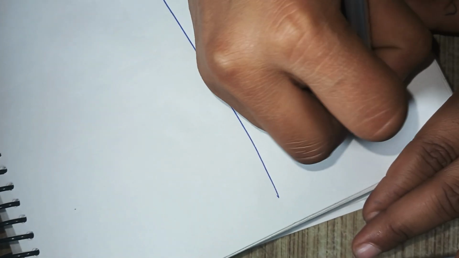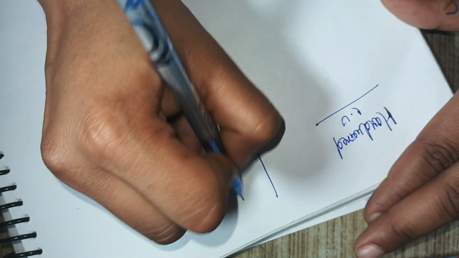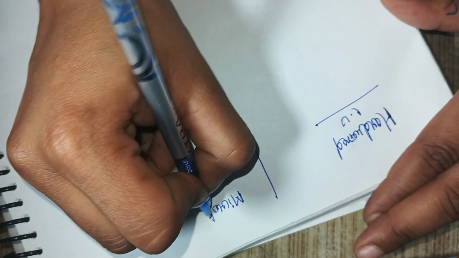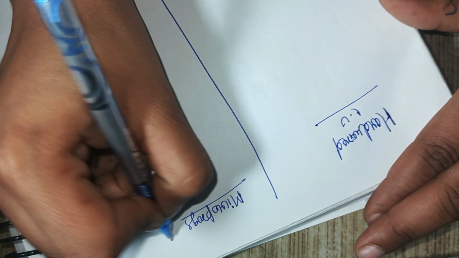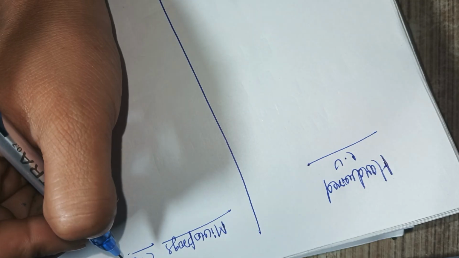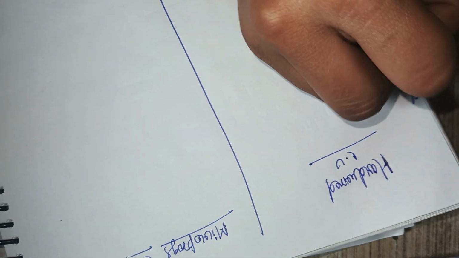If we summarize the differences between the hardwired and the microprogram control unit, here they are. First, if we talk about speed.